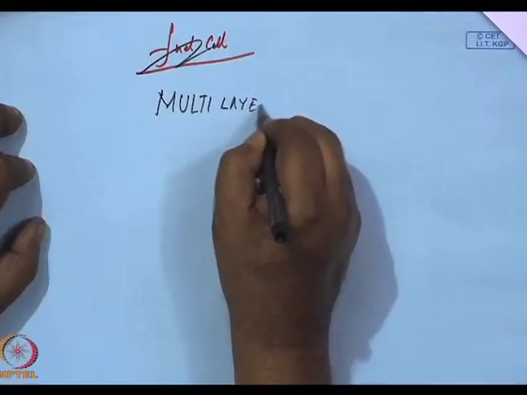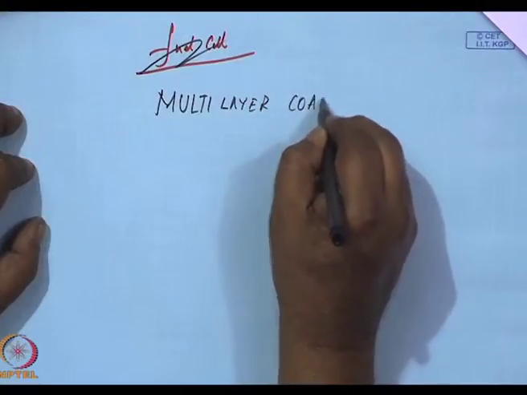Another area where this alkoxide based sol gel processing plays a huge role is that frequently in many applications we require multi-layer coatings.